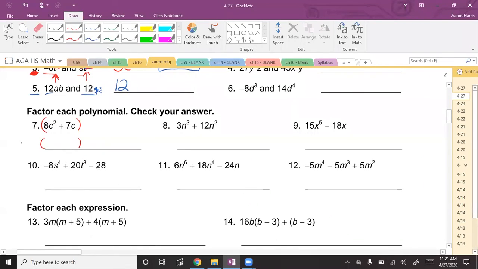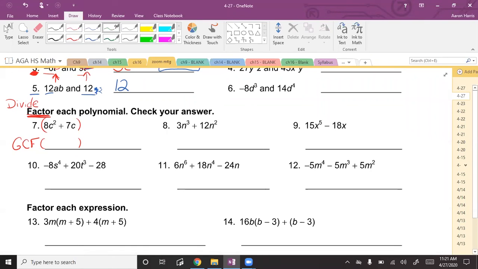What do we put on the outside? The GCF, correct? So remember, factoring means what? What math operation? Divide. There you go.